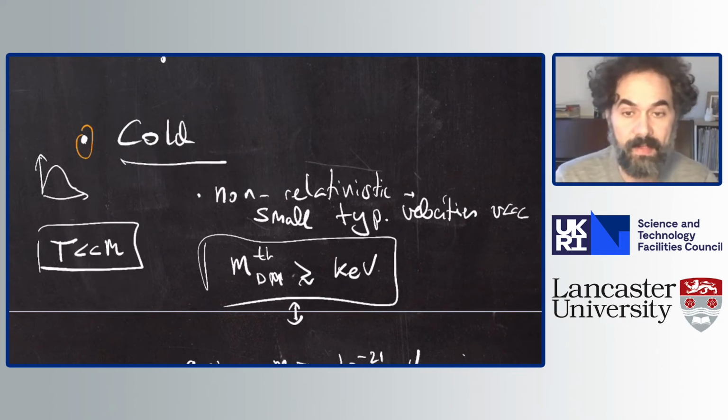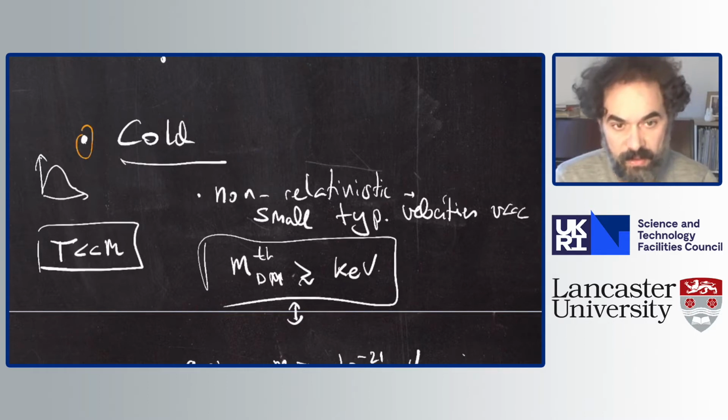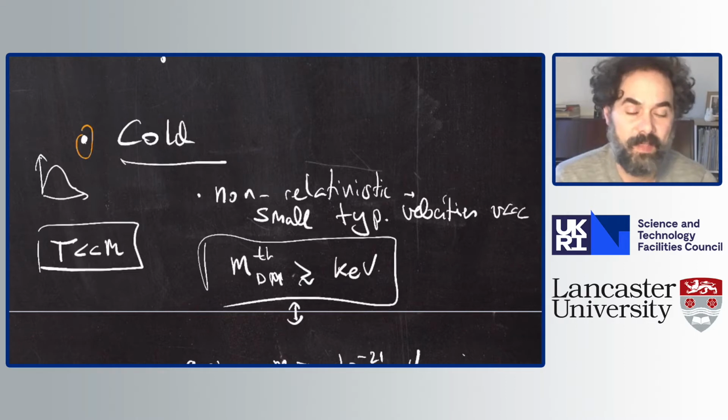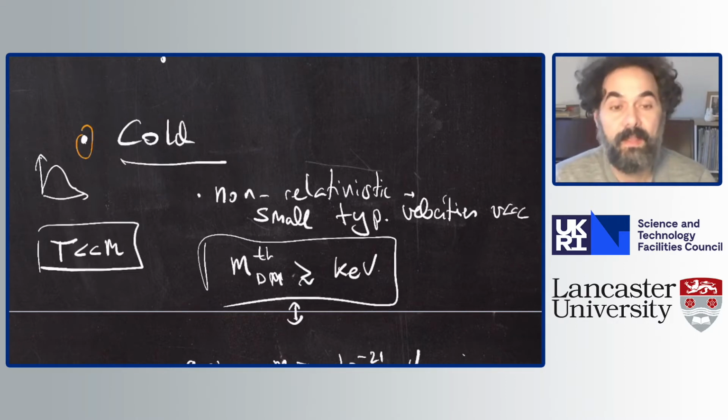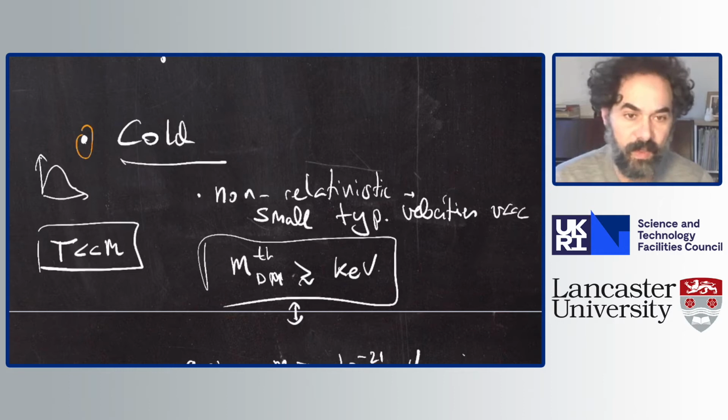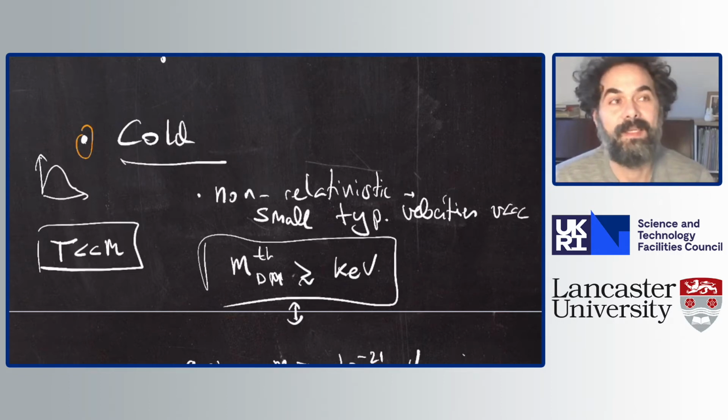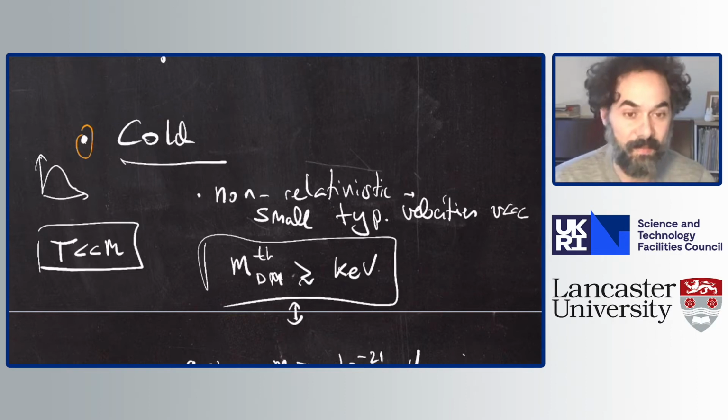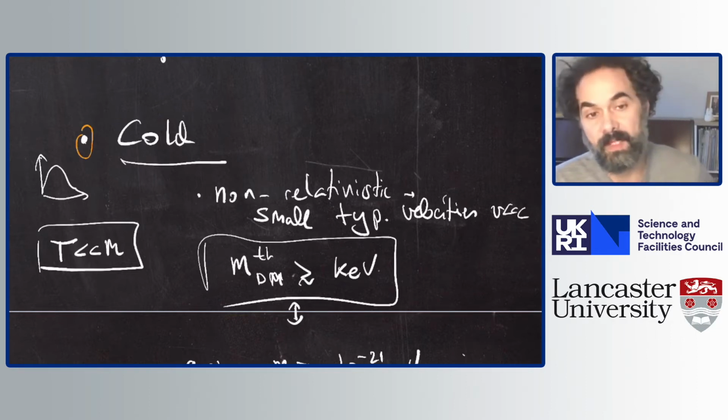Otherwise, remember that the temperature gives you an idea of the typical kinetic energy, and if the temperature is bigger than the mass, that means the typical kinetic energy corresponds to particles which have to be relativistic. If it is smaller than the mass, then the kinetic energy is mv squared over 2, so the typical kinetic energy for temperatures smaller than the mass corresponds to v much smaller than the speed of light.